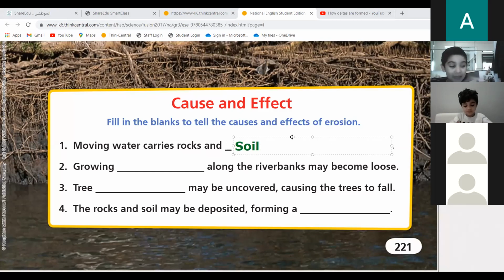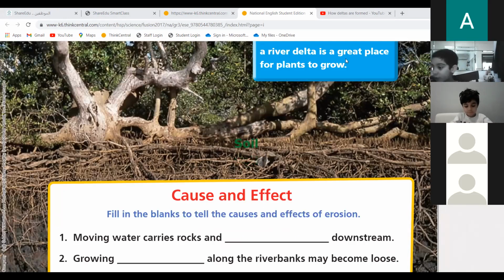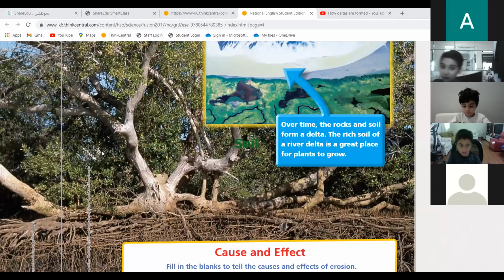Very good. Number 2. Growing something along the river banks may become loose. Growing what? What is going to become loose and may fall down soon over here?